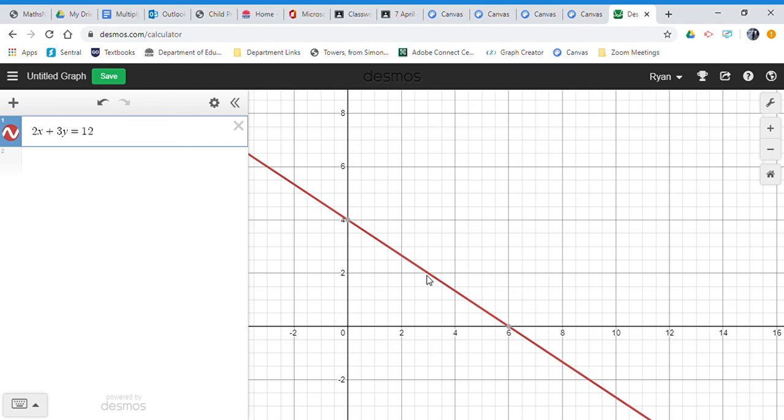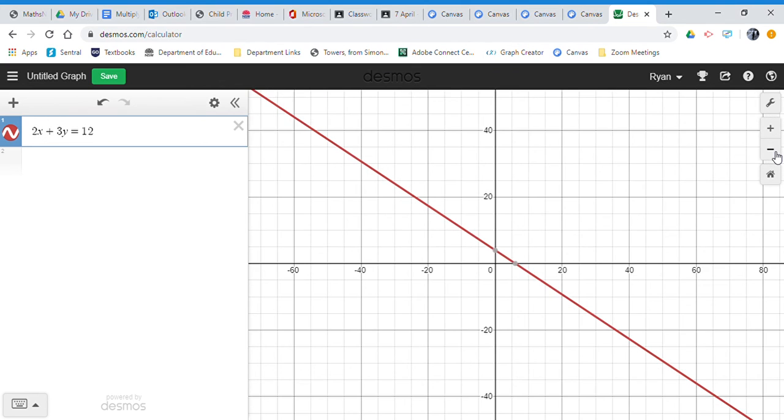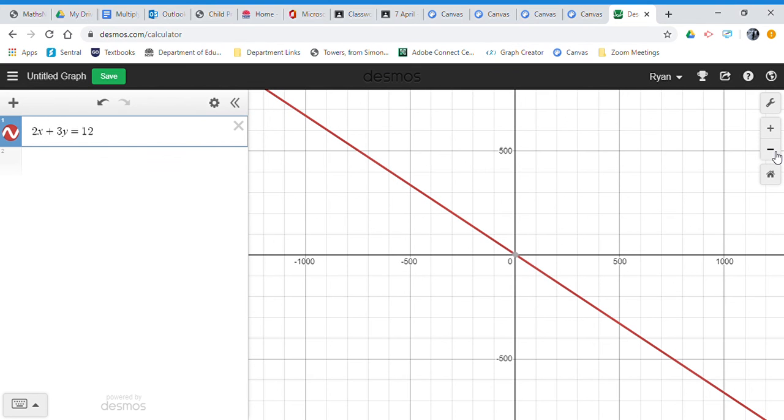If I zoom out, each end of this line extends toward positive and negative infinity, and every single point on this line represents a possible solution. So there are truly an infinite amount of solutions when you have two variables in your linear equation.